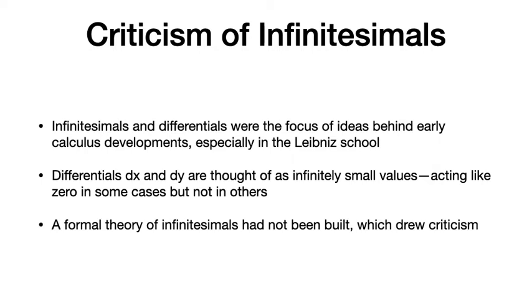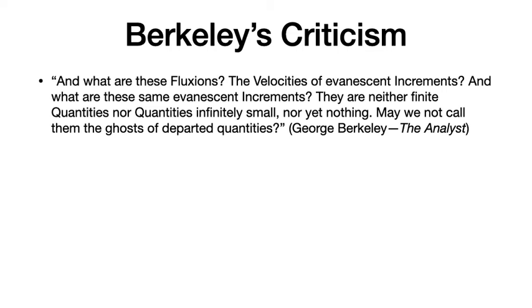This was epitomized by the criticism of George Berkeley, who really gave it to the mathematicians. Now, this uses some old terminology: when you hear fluxions and evanescent increments, these are just words that represent differentials and infinitely small values. He says, and what are these fluxions?